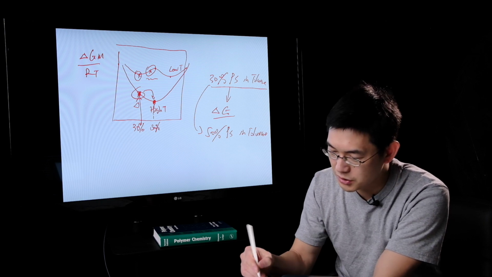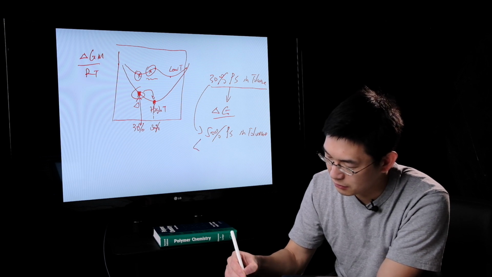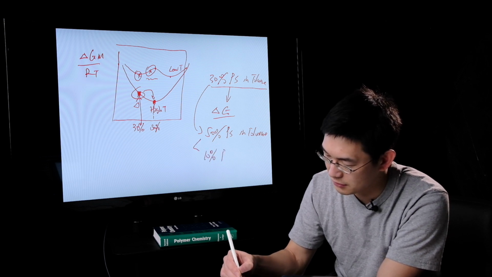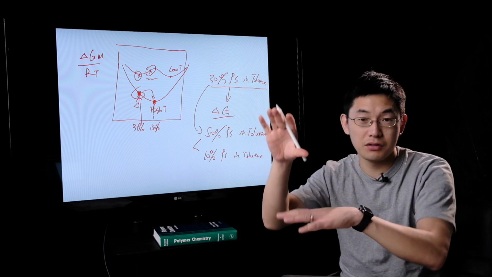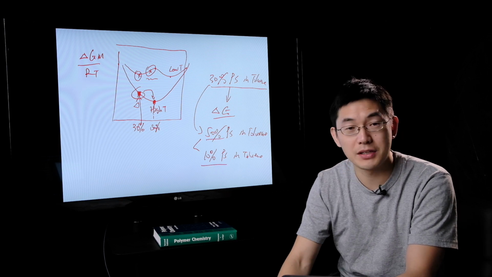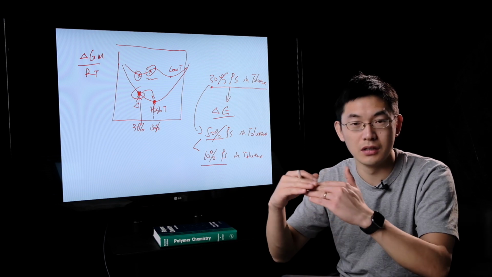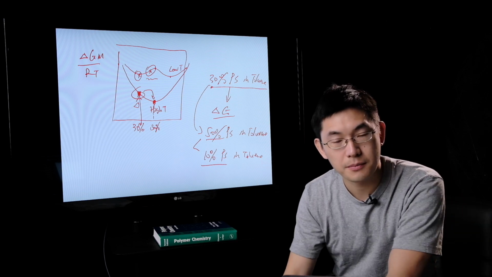If I want to do this, that means I need to create an equal amount of 10% polystyrene in toluene somewhere. If I have two layers, the top layer is 50% and the bottom layer is 10%, then that's feasible because we split the 30% into two different solutions.